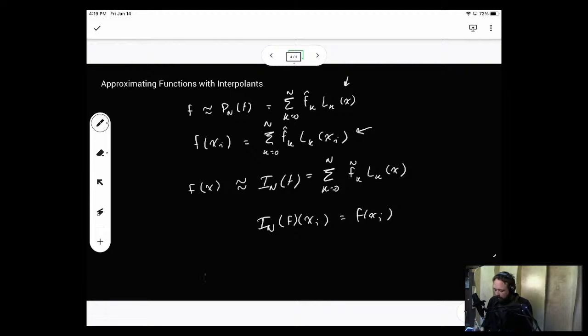So at the end of the day, f(x) is going to be approximated by the interpolant of f, which we're going to write in a different form than what I have above. We can write it in terms of its nodal values, f_k, so these are the function values at specific points in space, and the polynomials that we replace them with, I put lowercase l here.